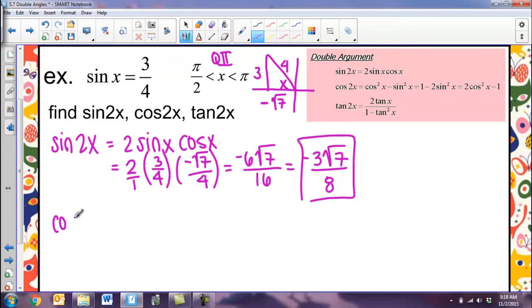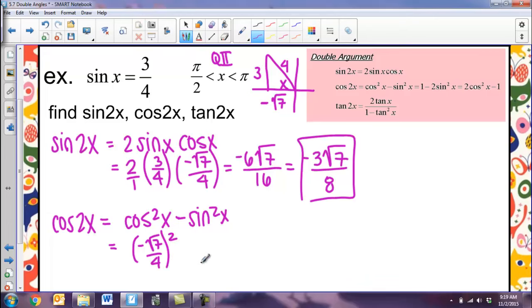Okay, now if I want to find cosine 2x, I have lots of options here. I can use any of the ones that they give me, and if you wanted to just use sine, since that was the ratio they gave you, that's cool. I'm going to go ahead and use that first one, cosine squared x minus sine squared x. So be careful on this type of problem. We are going to have the cosine, which I already found was negative root 7 over 4, and I'm going to square this entire fraction.